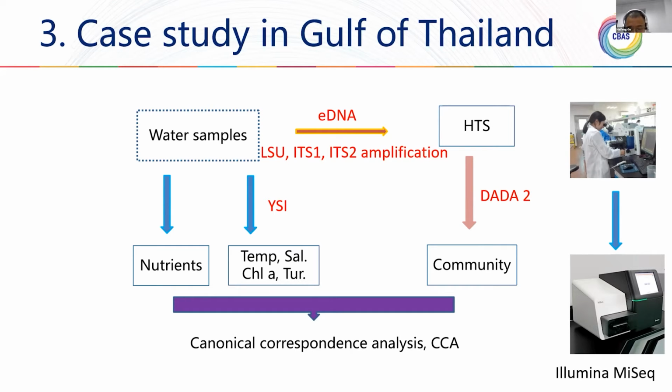We also measured the nutrients and environmental factors, including temperature, salinity, chlorophyll a, and turbidity. Finally, we used canonical correspondence analysis to analyze the relationship between the phytoplankton community and the environment.